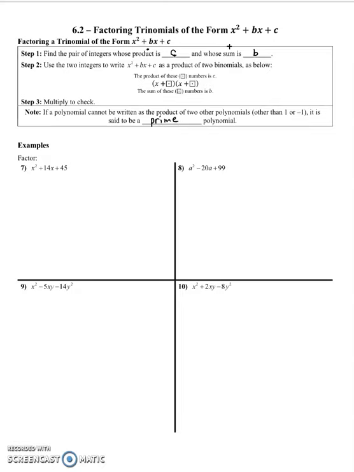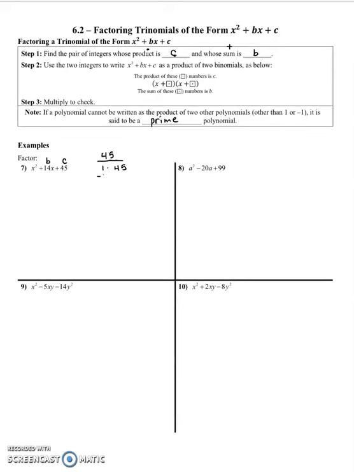Okay, let's try an example here. So we have x squared plus b is 14 and c is 45. So let's start by listing all the numbers that multiply to give us 45. Well, that's 1 and 45.